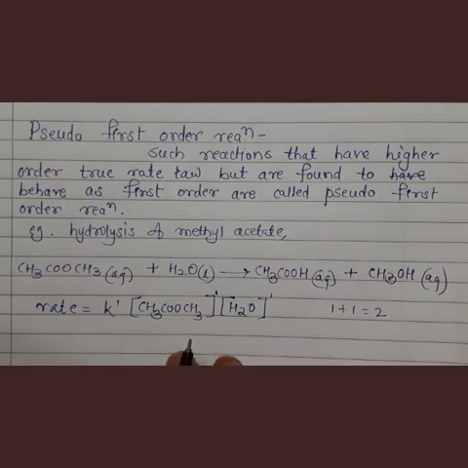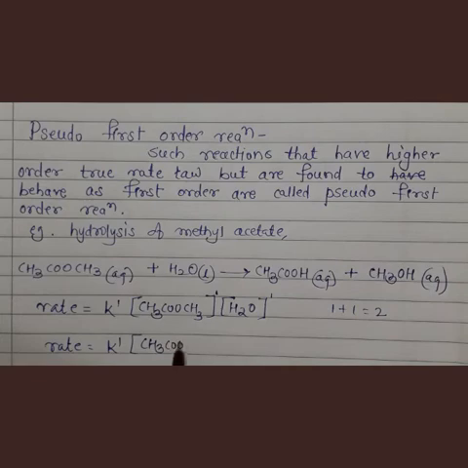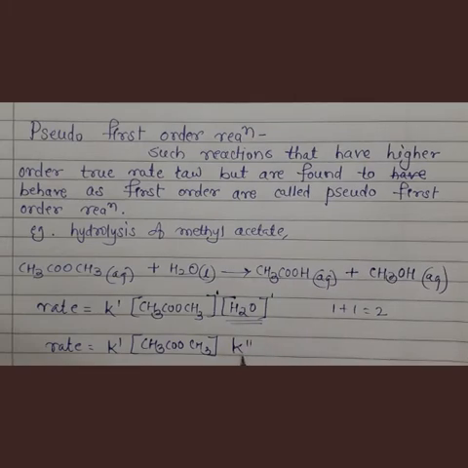So the rate law of the reaction is given as rate is equal to K dash, concentration of CH3COOCH3, and here the concentration of water also remains constant. So for the concentration of water we have taken K double dash because it also remains constant.